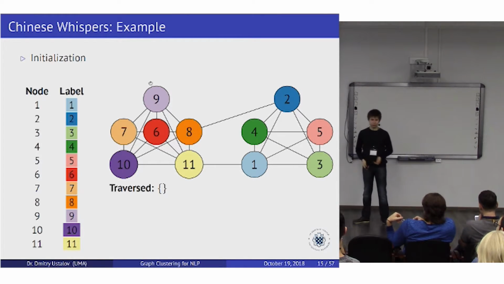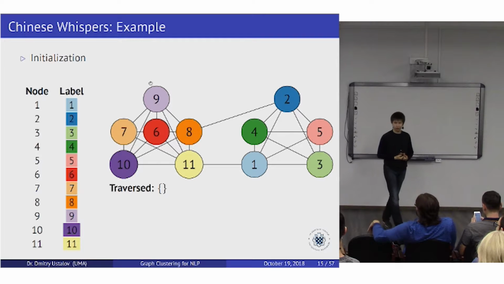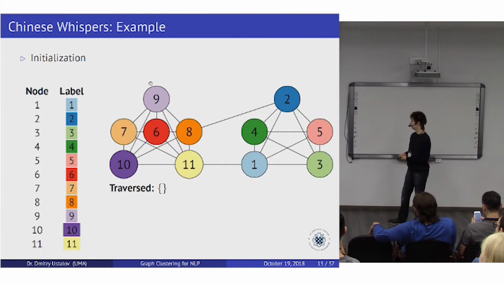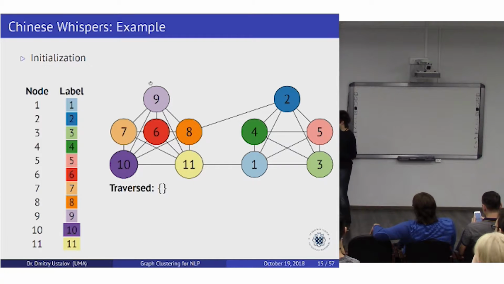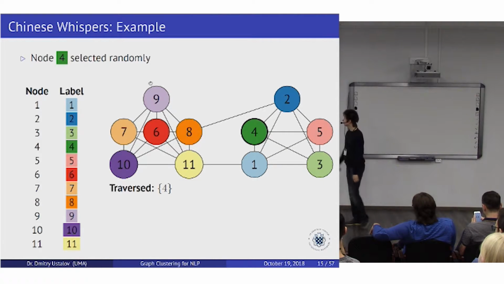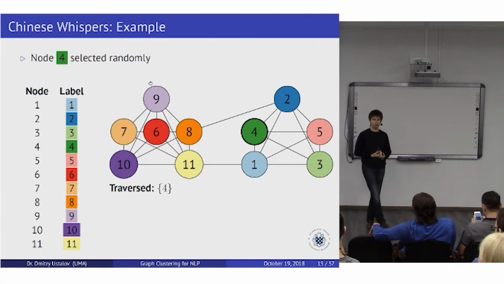I will use colors because it's very convenient to use colors to find out which clusters are which. We initialize the algorithm, and now we see that every node is provided with some number.